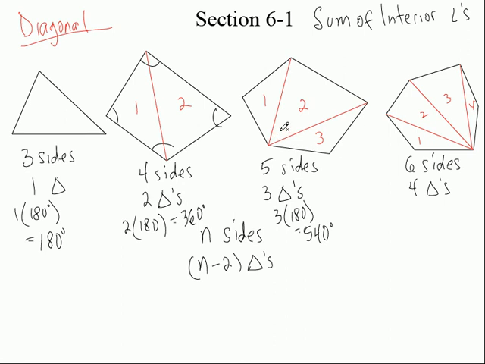So I go 5 minus 2, which is 3. 3 times 180 is 540. So all 5 of those angles add up to be 540. They're not all equal to 540. That's not 540 degrees, is it? No. But this one, this one, this one, this one, and this one, they all add up to be 540. The sum of the angles is 540 degrees.